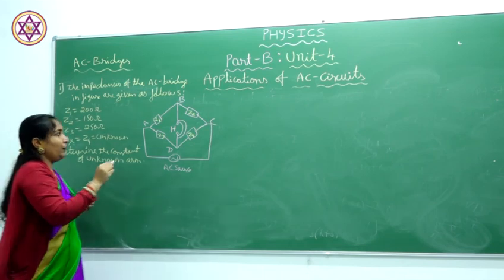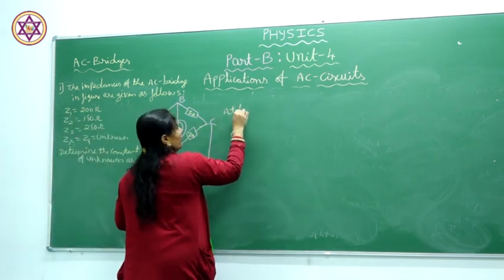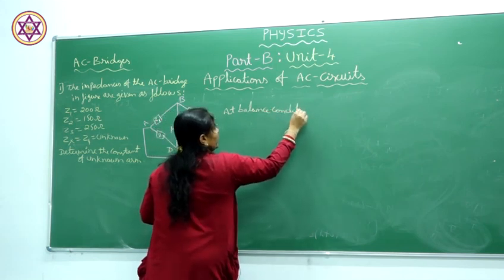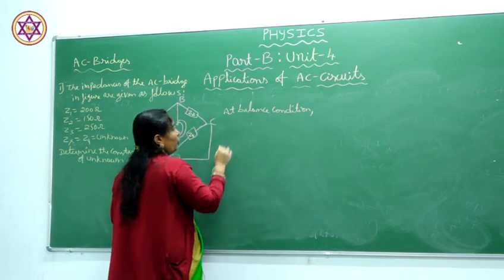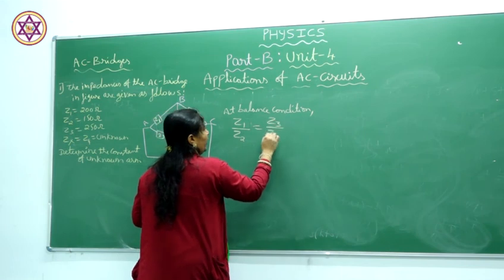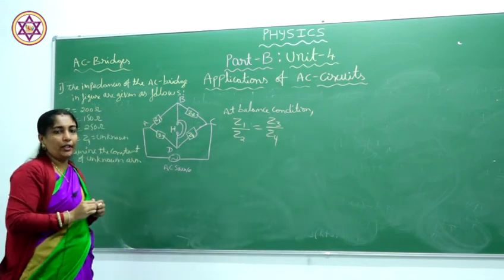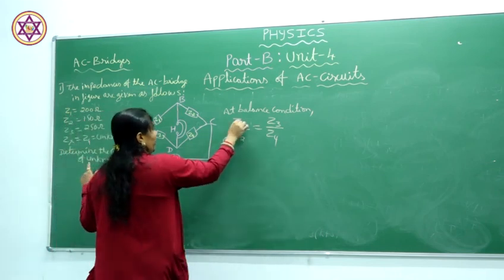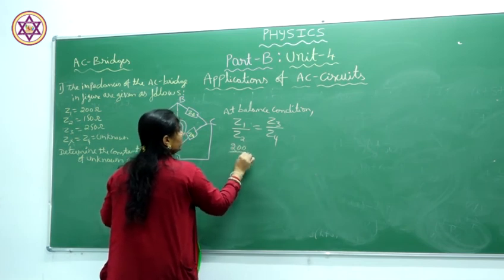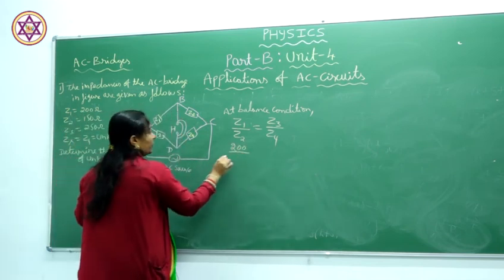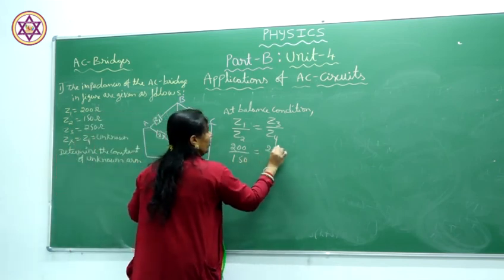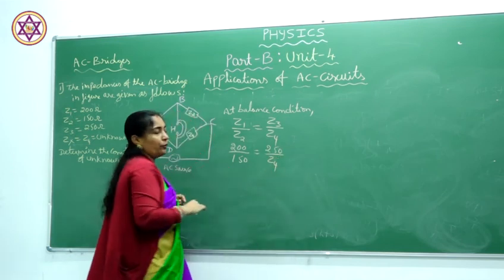So, we know that at balance condition, so the balance condition in AC bridge is what? Z1 by Z2 should be equal to Z3 by Z4. This is the balance condition for AC bridge. So, in this problem, given the value of impedances, what is the value of Z1? 200 divided by Z2 is 150, Z3 is 250 and Z4 is unknown.